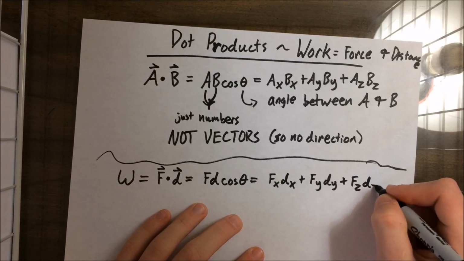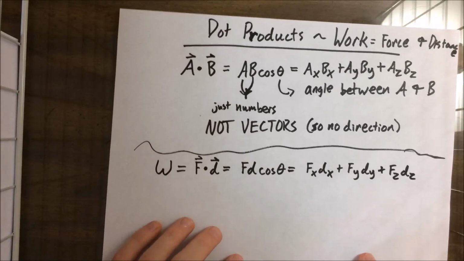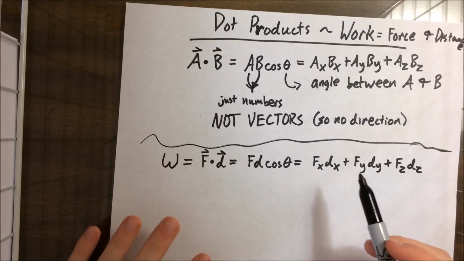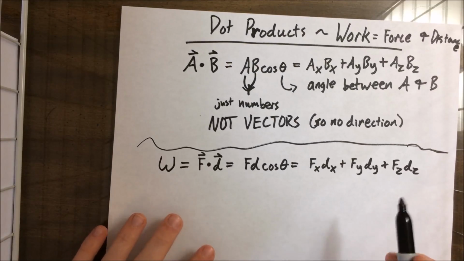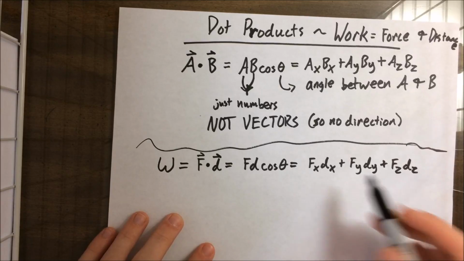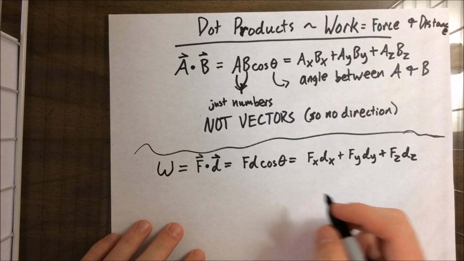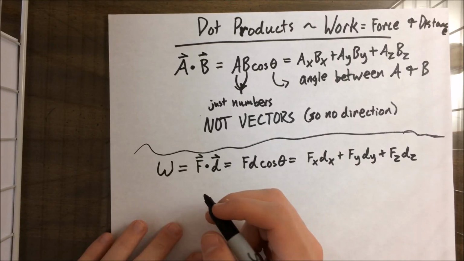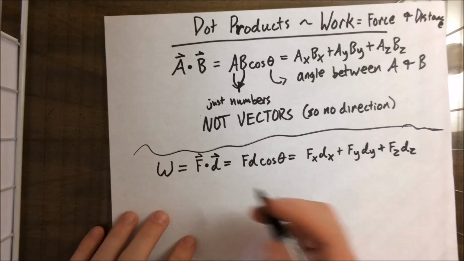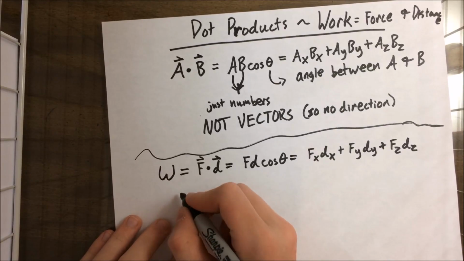And then if you're dealing with z's, again, normally you won't, but if you are, then you'd have F sub z, D sub z. Okay, so something that you need to know is these directions are represented by interesting units, something you probably haven't seen before.